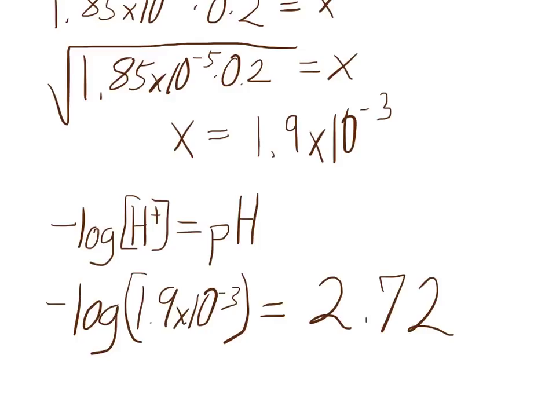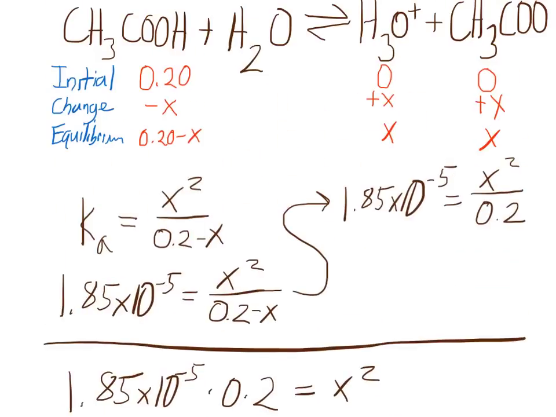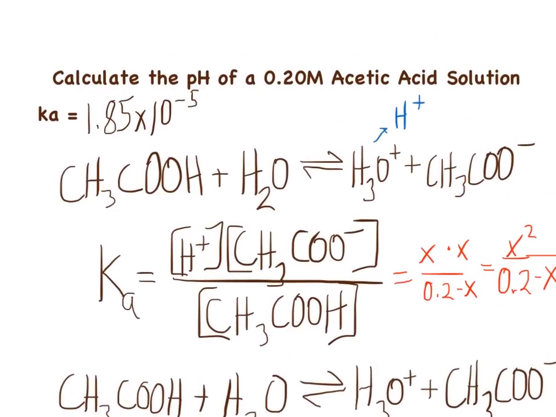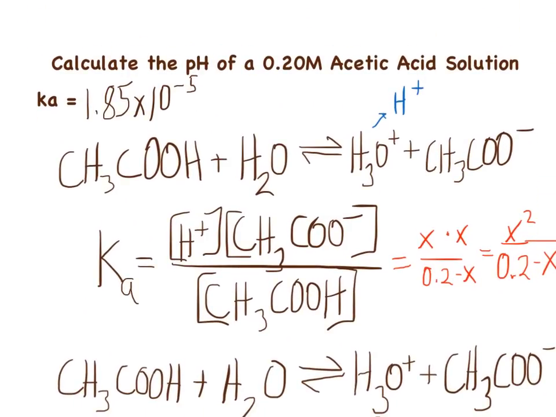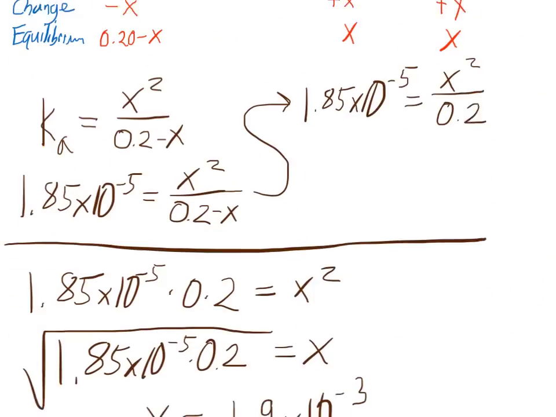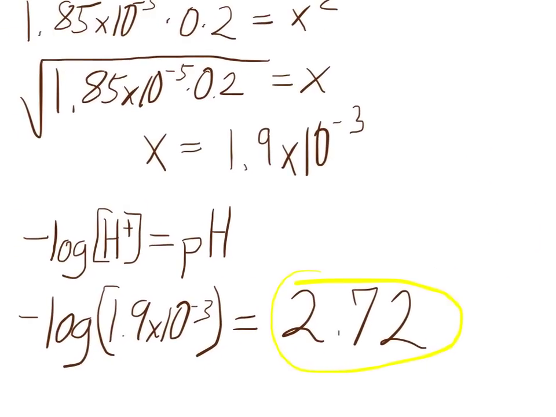Alright, I think we did it. There's your answer. So let's go back to the question: calculate the pH of a 0.20 molar acetic acid solution. We just found the pH, which is 2.72.